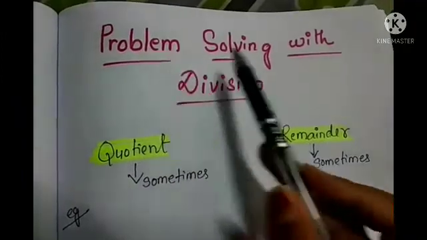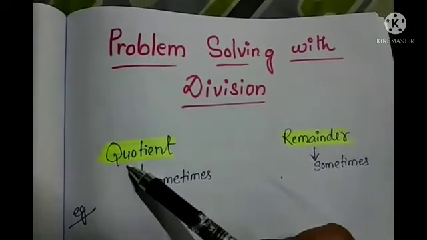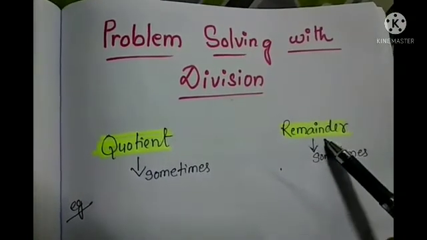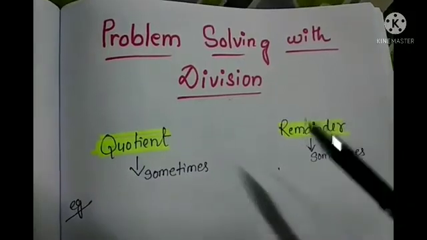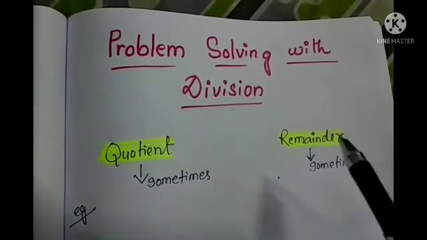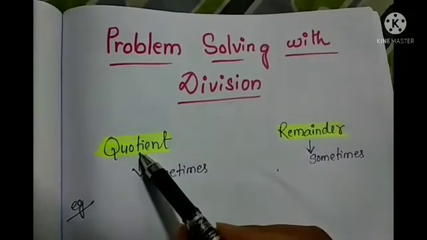In problem solving, sometimes our answer depends on the quotient and sometimes on the remainder also. I will show you one example, because you might be wondering how the remainder can be the answer, since till now, whatever we learned, we always considered the quotient as our answer, right?